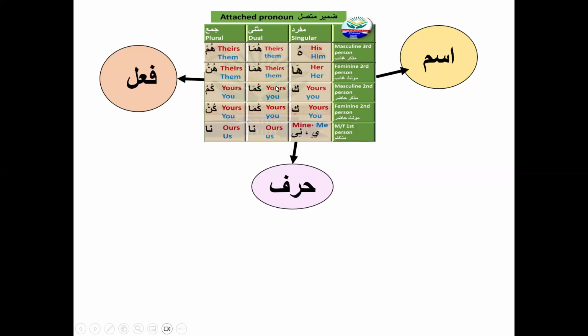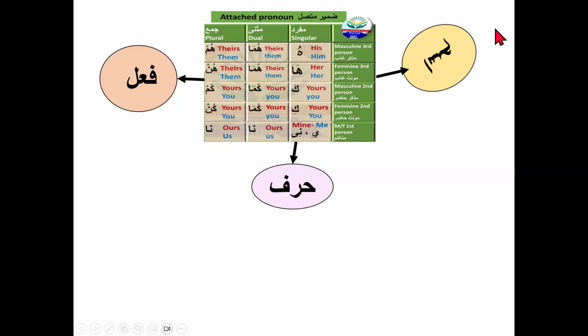So these pronouns are very friendly, very jolly fellows. They can come with any part of speech. On the other hand, the dhamir munfasil does not come with any of these words. Anyhow, let's move to today's lecture, which is pronouns attached with ism, attached with nouns.